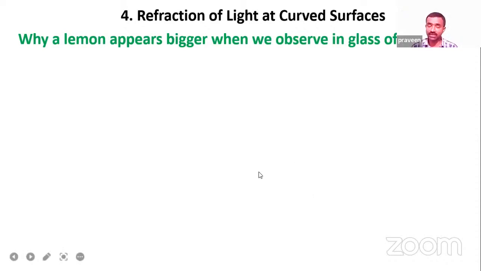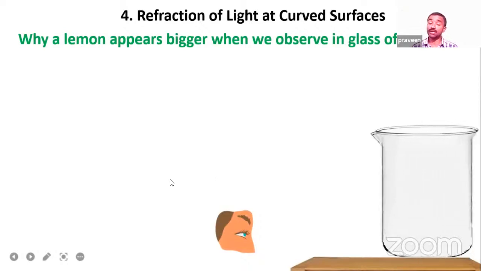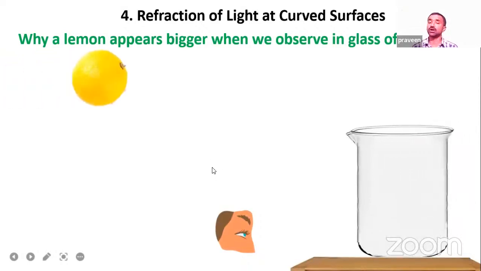How to understand that? Simple. Take a table, put a cylindrical beaker or glass, then fill it completely with water. Now I'm dropping that lemon.